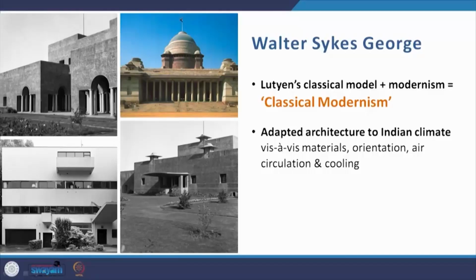Whenever it has come into India, they have adapted their architecture to suit our climatic conditions, the materials available and the available construction technology or the kind of labor that is available. So whatever architecture has come into India, whether from the West or from the Middle East, that kind of adaptation has taken place. And so also here, he adapted his architecture to the Indian climate vis-a-vis materials, orientation, air circulation and cooling.